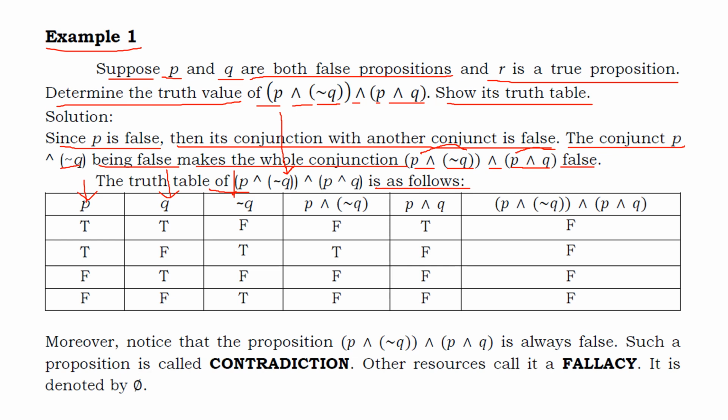So again, your negation is just like the totally opposite of your original proposition. So if this is true in your original proposition, your negation Q now is false. If that is false, your negation proposition is true. Same thing with the last two here. If your original proposition is true, then your negation proposition is false. Same thing with the last one.